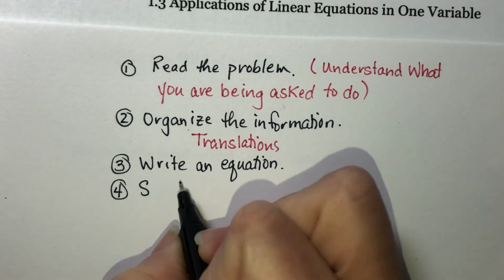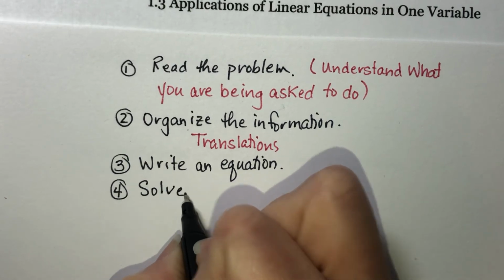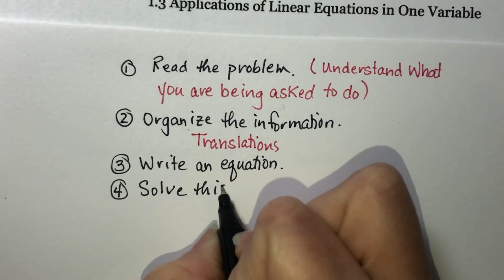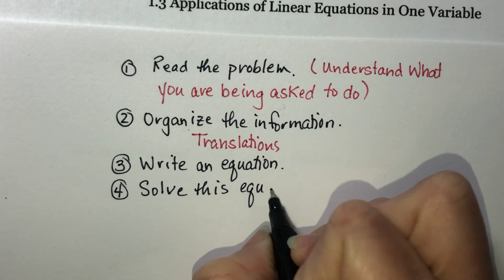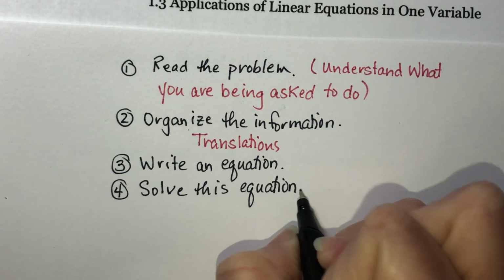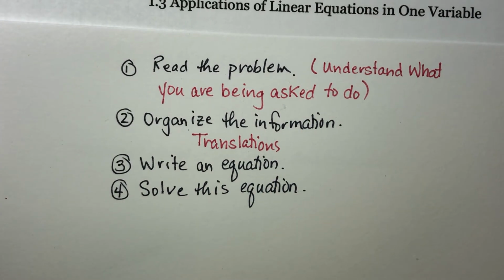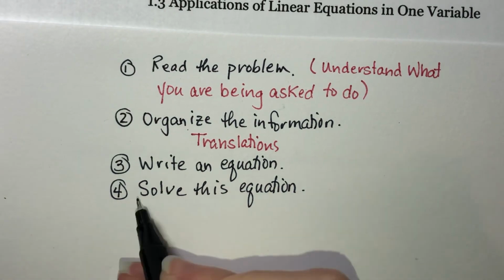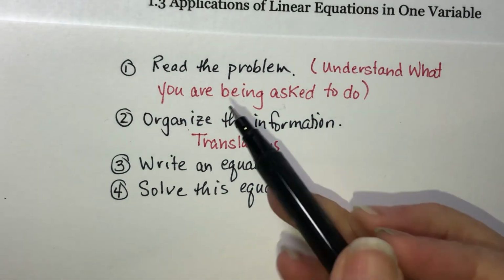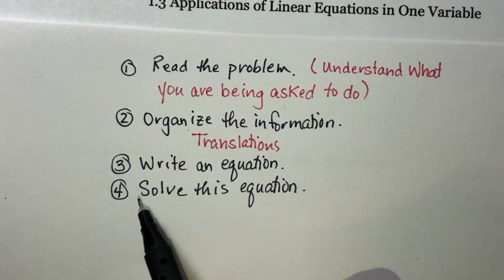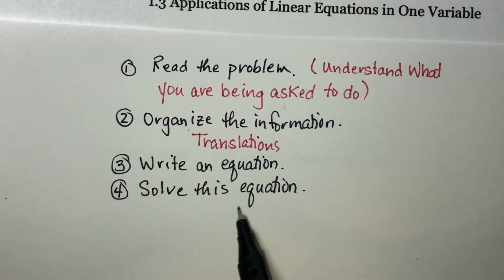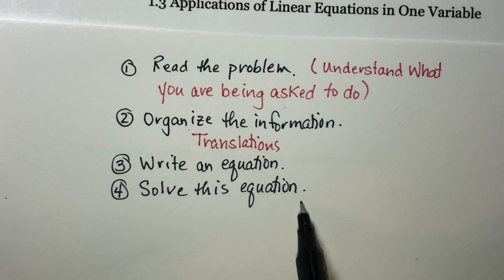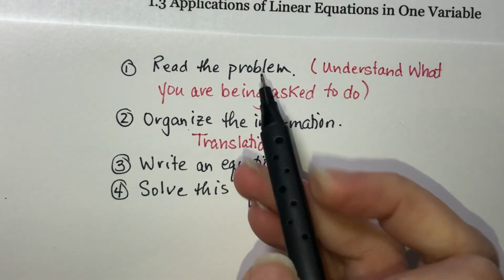We're supposed to solve this equation. Okay, so after we solve it, this may not be the answer to the entire problem. We're going to solve the equation and get an answer, but we don't know if that answers the problem completely.